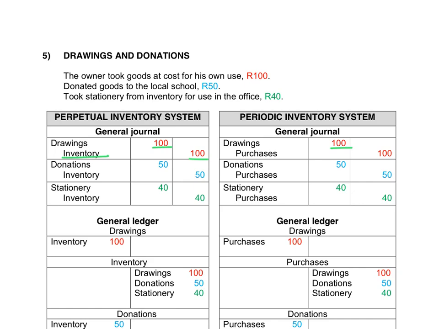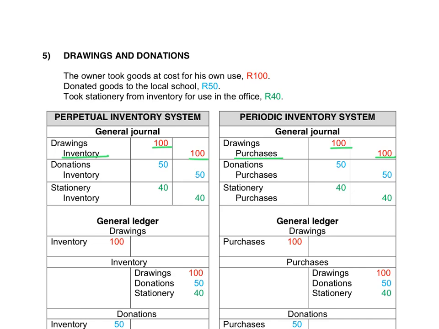In the periodic system, when we buy goods, we debit the purchases account, so we create an expense. If the goods are used for another purpose, not for selling to make a profit, you have to reduce this expense, so we will credit the purchases account to reduce the expense with 100 rand.